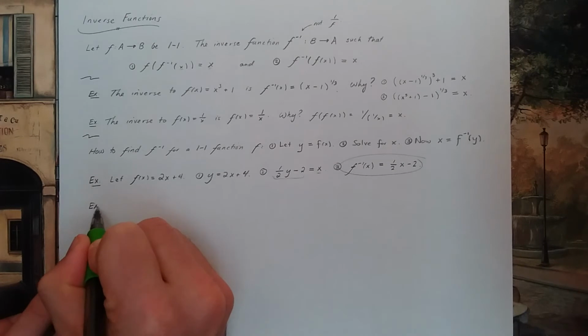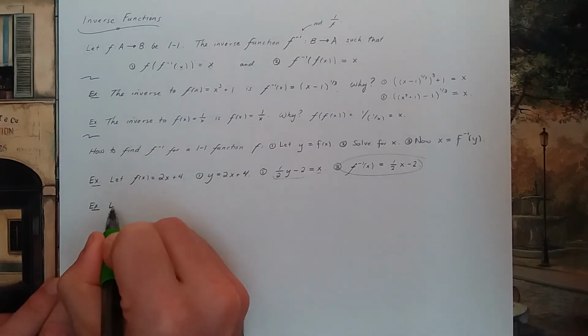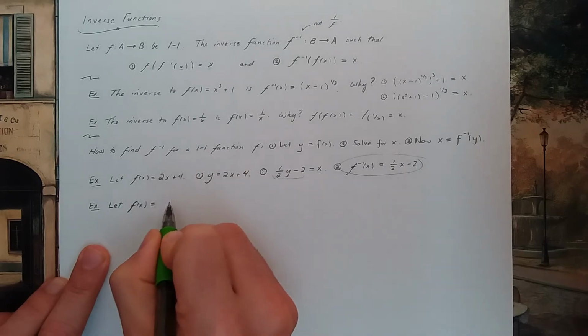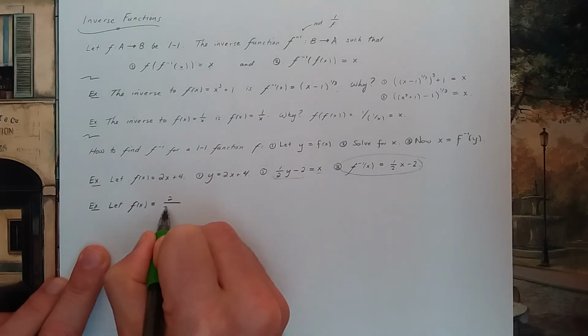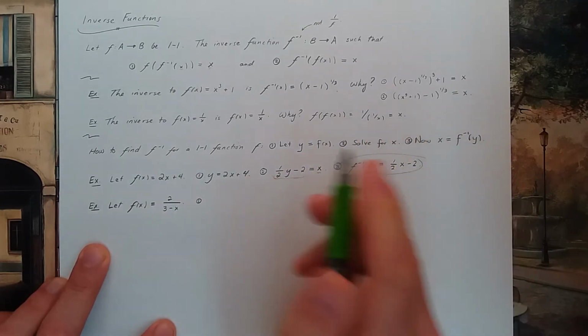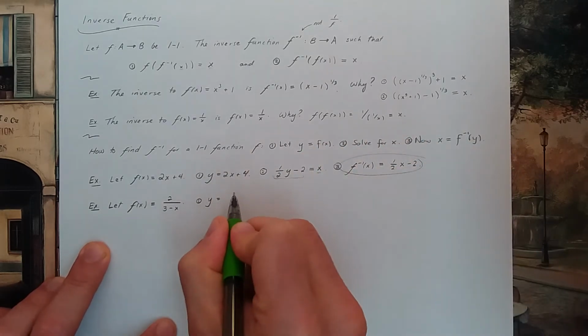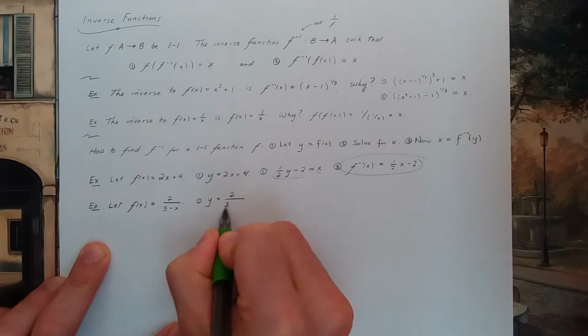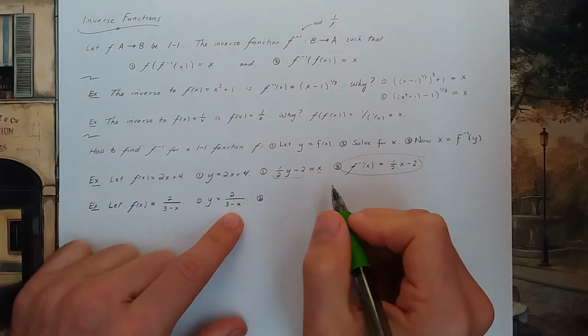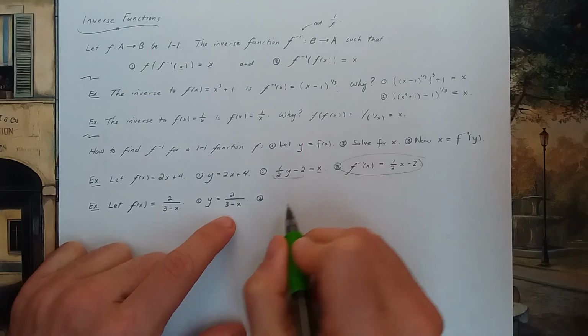Let's try this one more time. So let's say I let f of x equal 2 over 3 minus x. So I'm going to follow my 3-step process. The first step is letting y equal 2 over 3 minus x. Then I can solve for x.